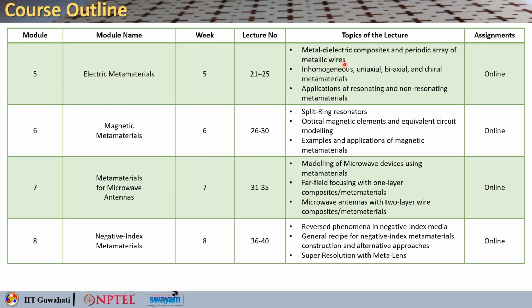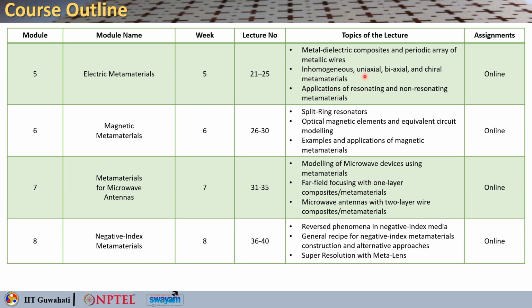These are different methods that allow you to design metamaterials for specific applications. Module 5 will be dedicated towards the electric metamaterials. So we will cover topics such as metal dielectric composites and periodic array of metallic wires in detail.